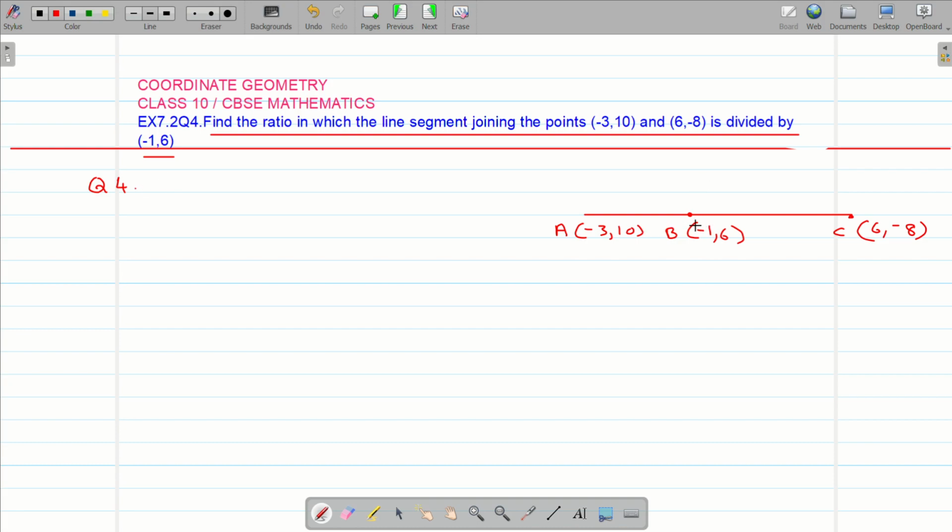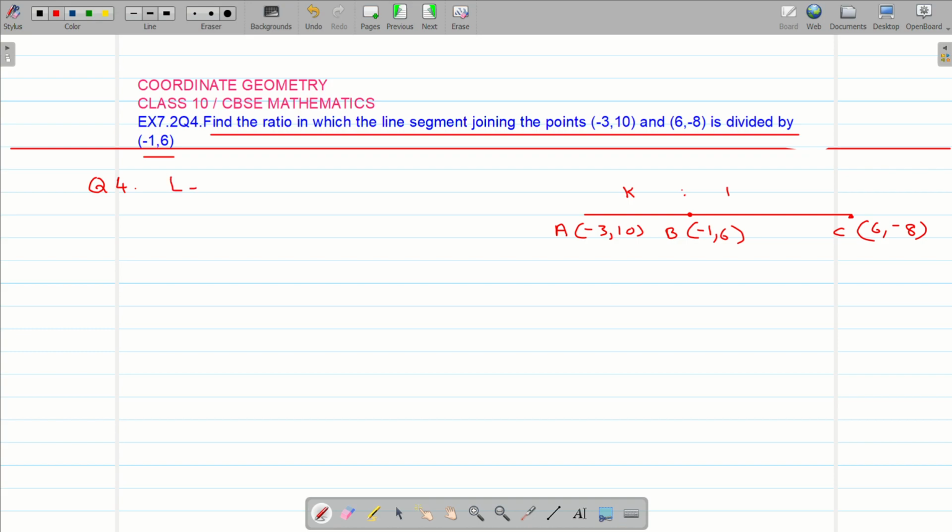Let the point B divide AC in the ratio k:1. Instead of taking m1:m2, we are going to take it as k:1 to simplify it.